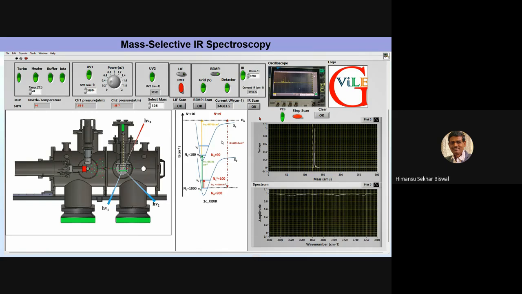At 3658 we didn't have any depletion because we are monitoring the dimer. And now you can see a depletion.